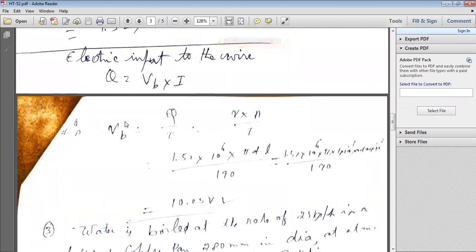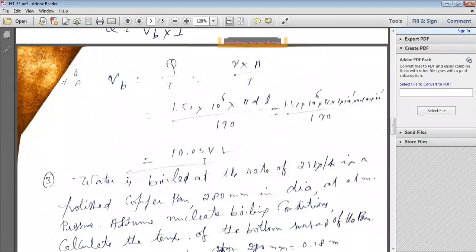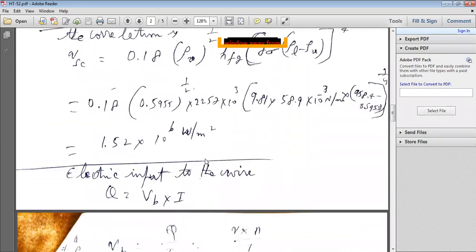If you calculate this, the burnout voltage comes as 10.05 volts. Like that, the problems are very easy.